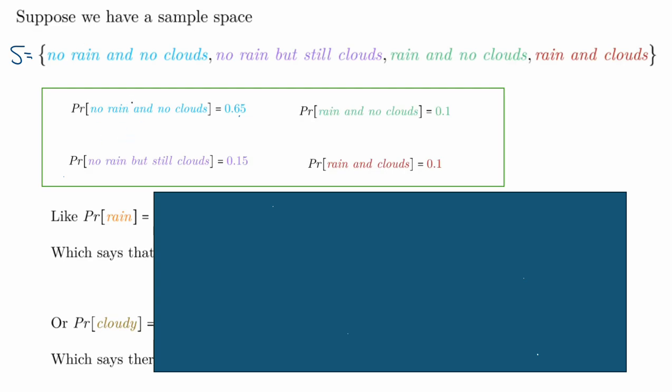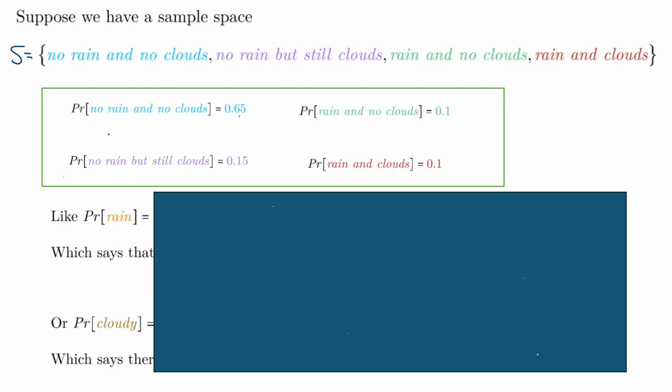So I'm setting up my sample space with all possible outcomes. One of the outcomes, the blue one, is no rain and no clouds. The second one, the purple one, is no rain but still having clouds. The green one is rain and no clouds. And the fourth one is rain and clouds. So it's like the culmination of these two variables that I'm assessing, okay?